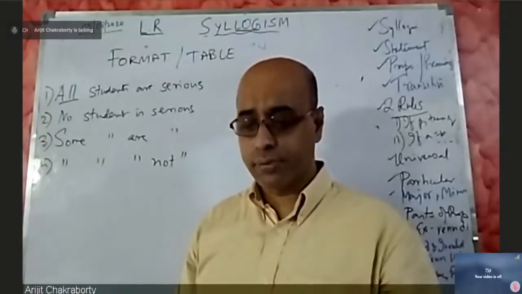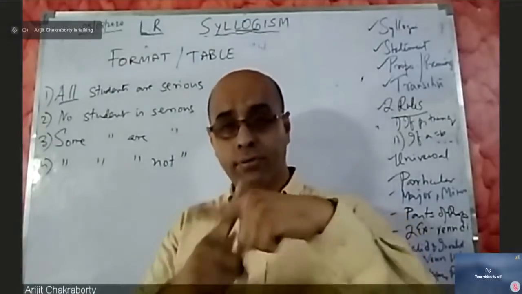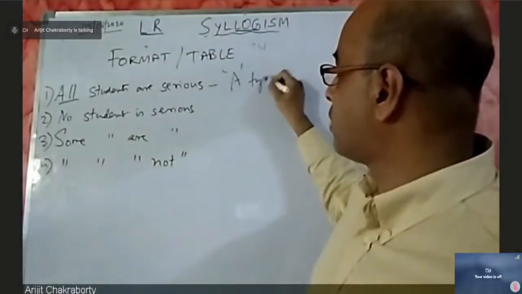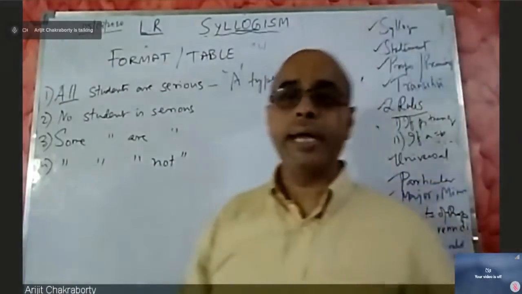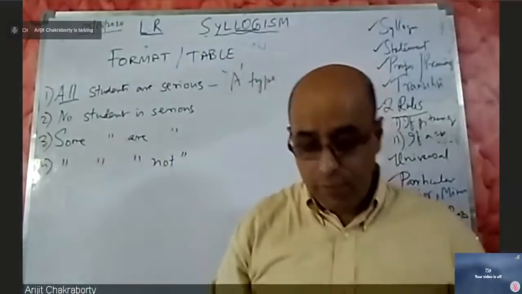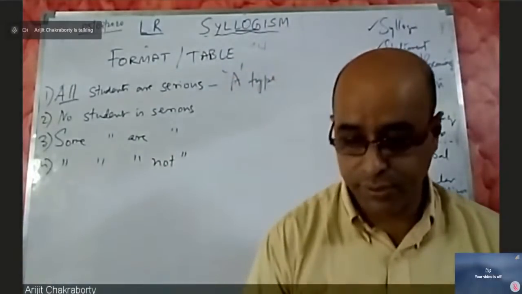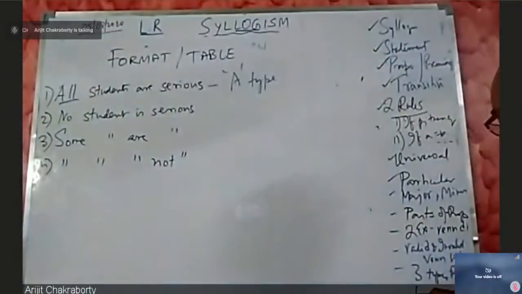So it's positive, or we say affirmative. So this is called A-type proposition, that means universal affirmative type. So we are writing the 4 types: A, E, I, and O.